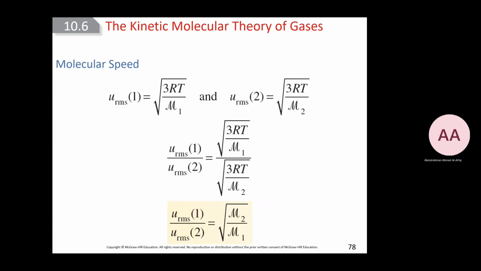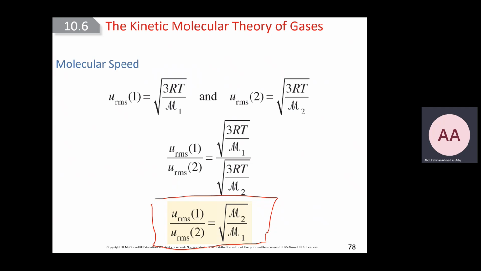Next, if you want to compare the speeds, U1 over U2 is inversely related to the square root of the mass, M2 over M1. So 2 here, 2 up, and 1 here, 1 up. Memorize this equation, and this will give you the speed of these gases.